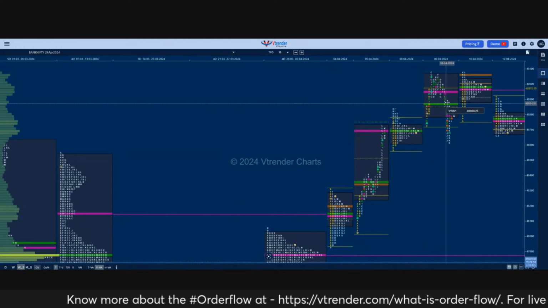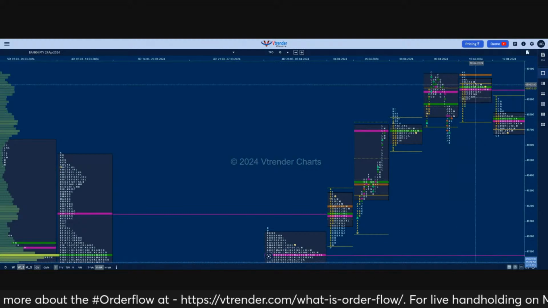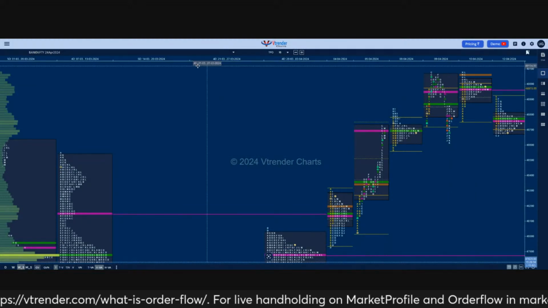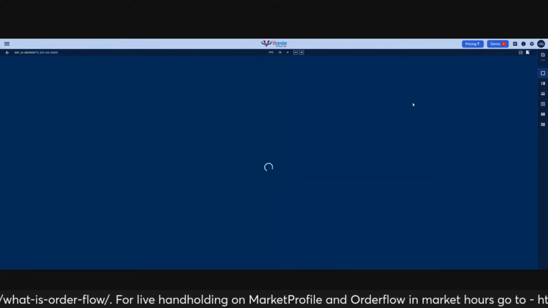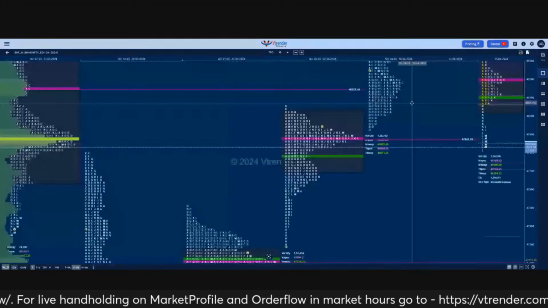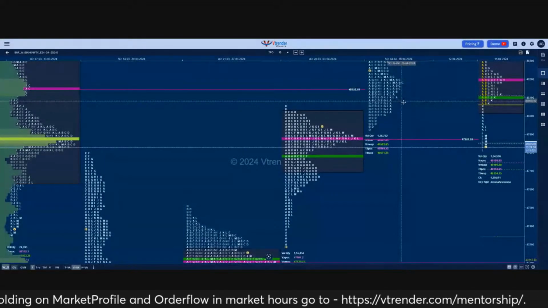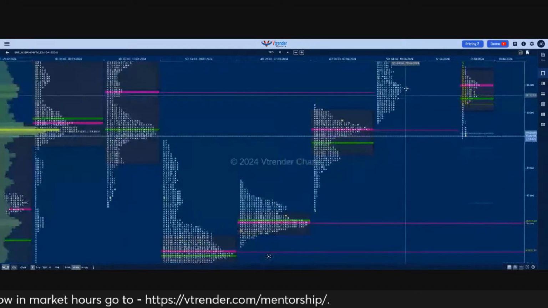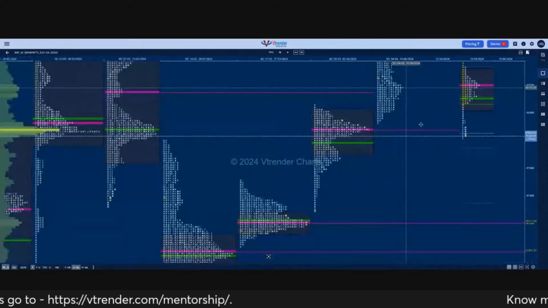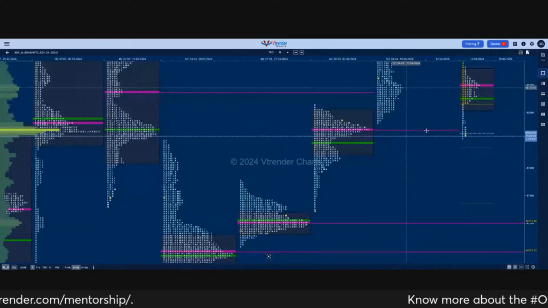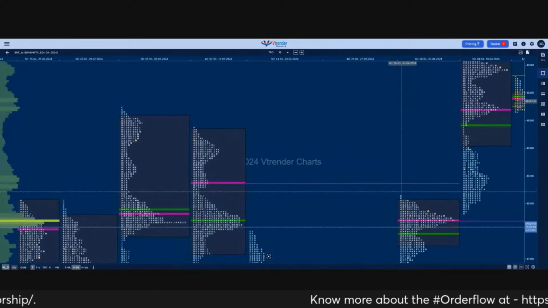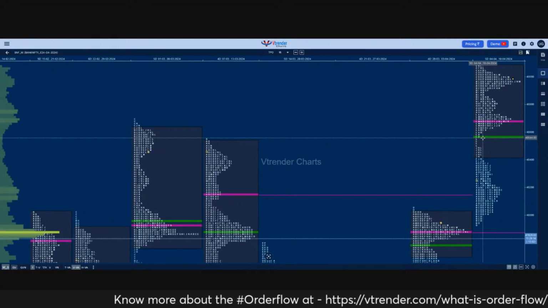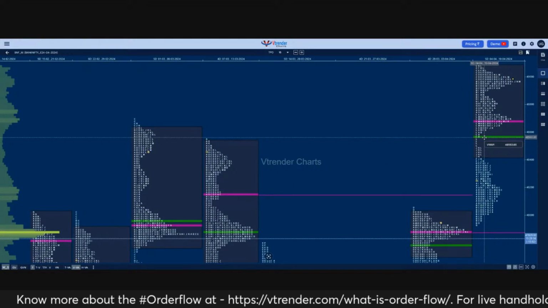We made higher highs on all days, and if you see the weekly chart, it was a singles from 48494 to 48563.